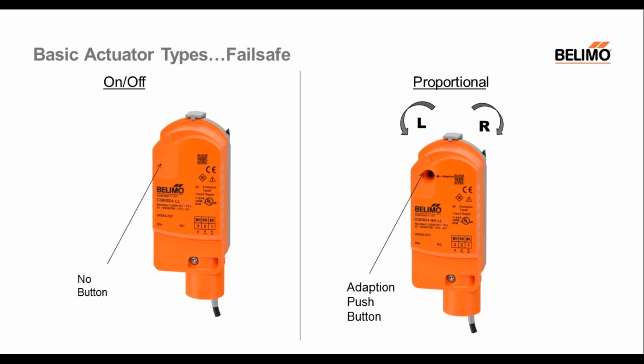We also have failsafe actuators, and we have two basic failsafe actuators as well. One that is an on-off and one that is proportional. Your on-off actuator, again, it's the same procedure. You would move the clip to your new position. You would look for the corresponding runtime from 0 to your new position.